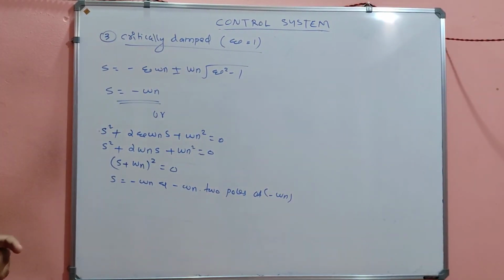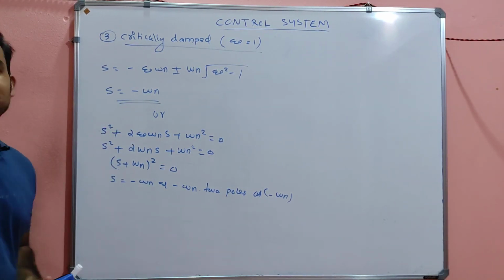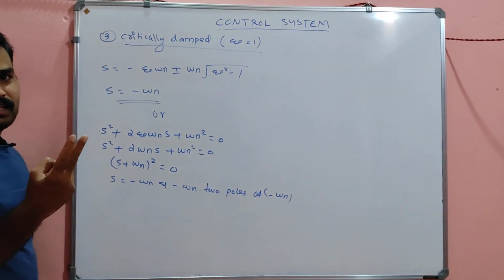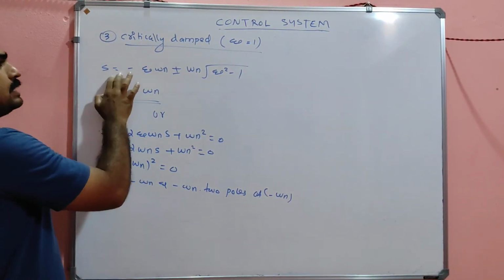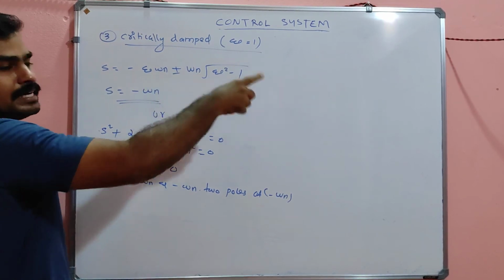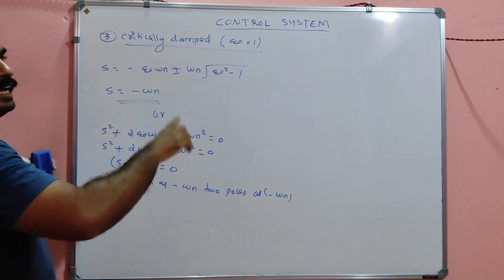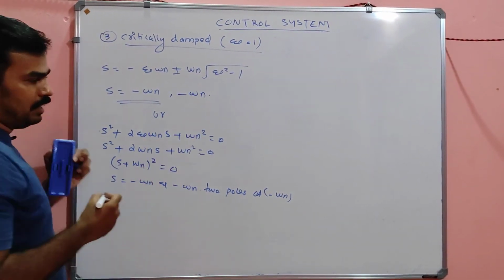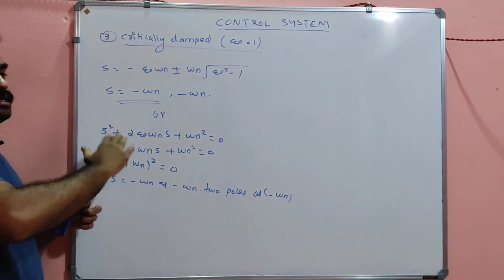From this, it is not exactly given. Simply S equal to minus omega n is given, but we have to consider 2 poles, right? For every quadratic equation there will be 2 values, because S is equal to minus b plus or minus the root. So minus omega n is one value, and another value is also minus omega n, because the number of roots equals the number of poles.